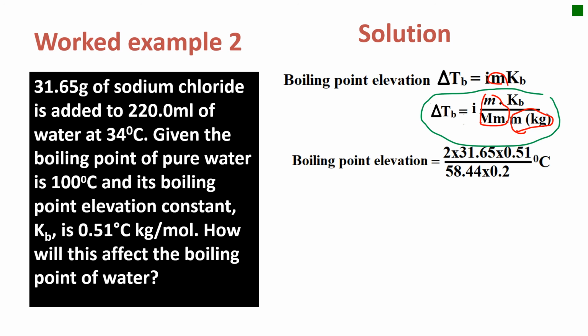Then times the mass of the solute, that is 31.65 grams, then times 0.51, the boiling point elevation constant given in the question, and then divided by the molar mass of sodium chloride, which is equal to 58.44 gram per mole.